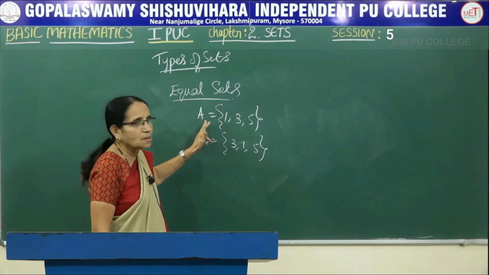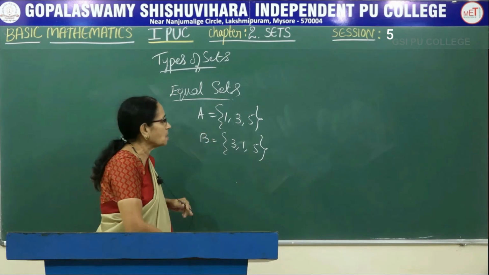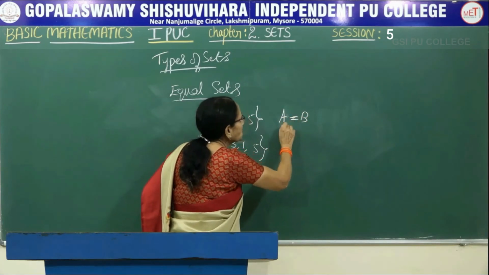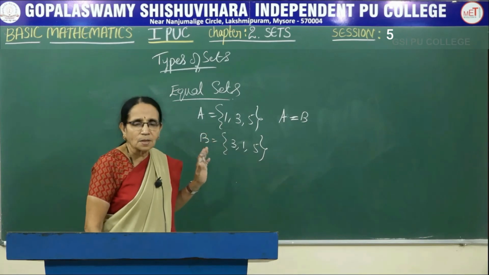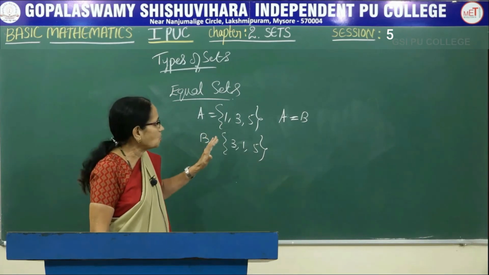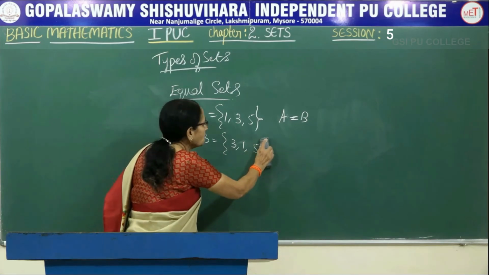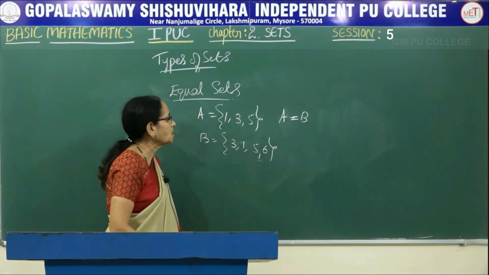Now, I can say the sets A and B are equal to each other, and we write the usual notation of equality: A is equal to B. So, if two sets have the same elements, they are said to be equal to each other. Suppose this set B has one extra element: 3, 1, 5, 6.